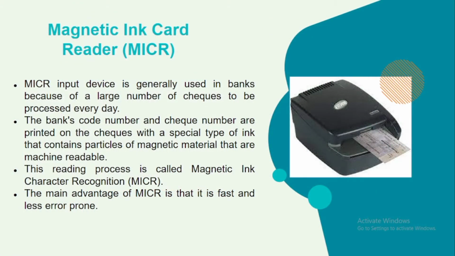And third is magnetic ink card reader, MICR. The MICR input device is generally used in banks because of a large number of checks to be processed every day. The bank's code number and check number are printed on the checks with a special type of ink that contains particles of magnetic materials that are machine readable.